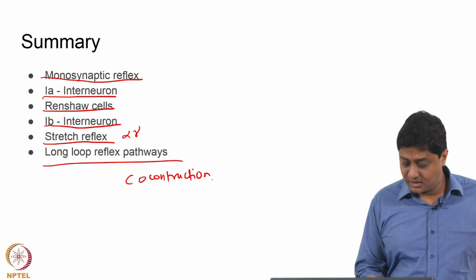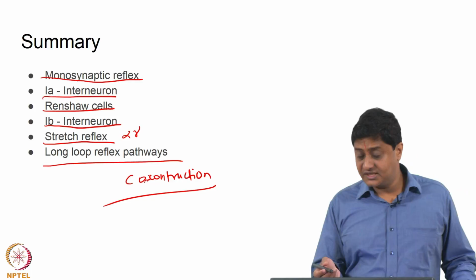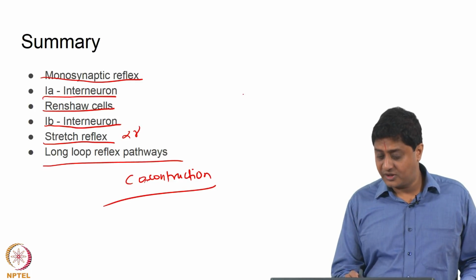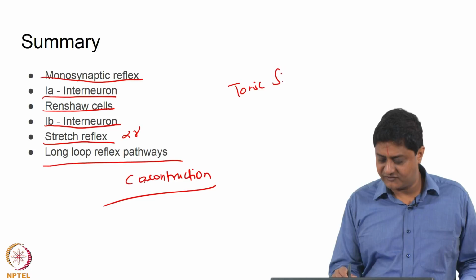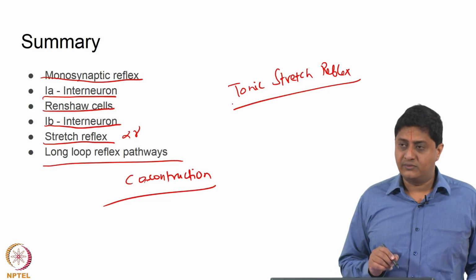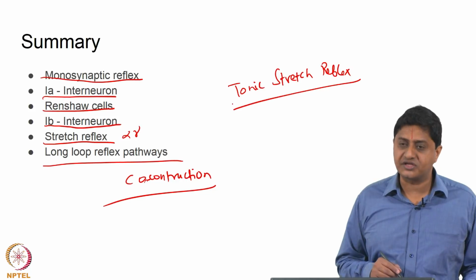We have still not done the case of oligosynaptic and polysynaptic reflexes, the cases that are called tonic or tonic stretch reflex. What is the difference between the regular stretch reflex and the tonic stretch reflex?